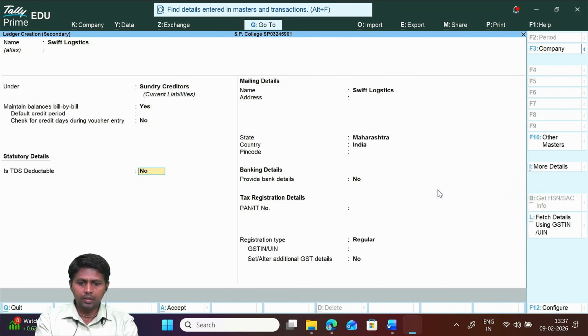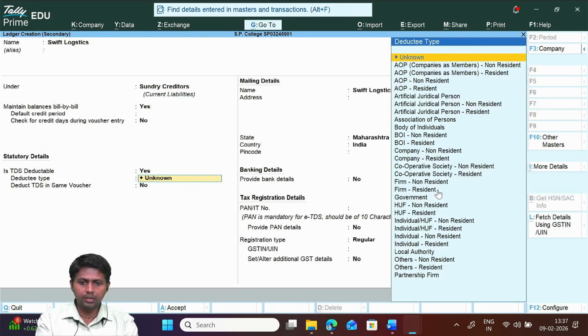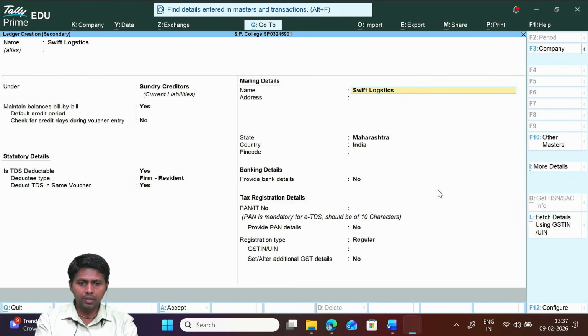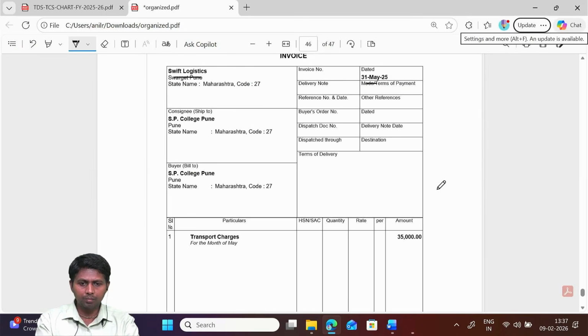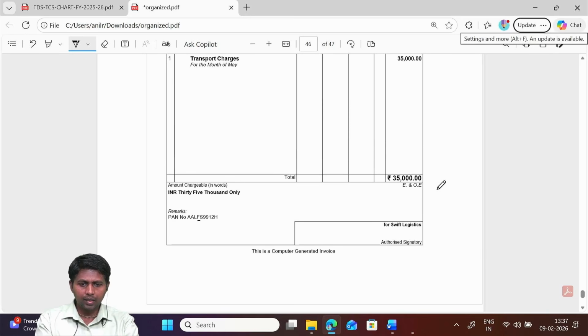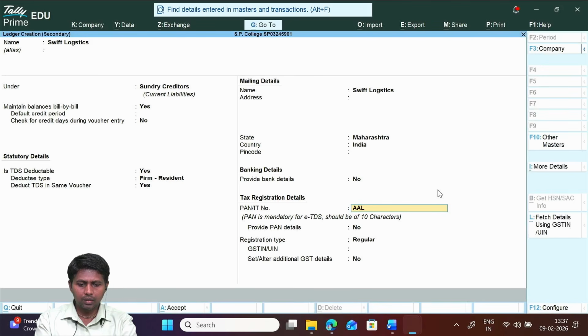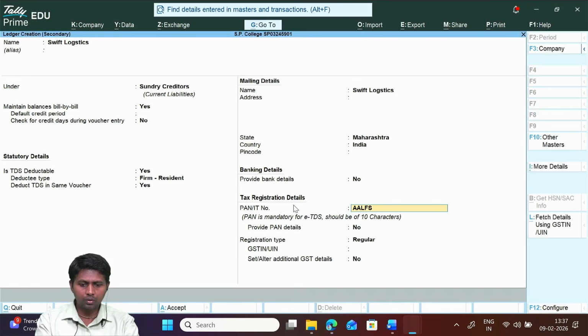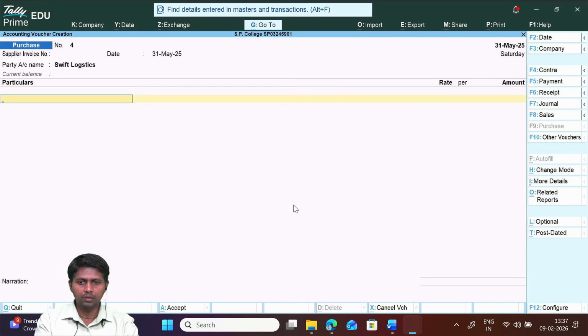Then say firm, resident, enter, enter, enter, and then PAN number, AALFS 9912H, I think so. Yes, enter, enter, enter. Other details we are not having, you can skip, enter, and then Control A, Control A. Transportation charges.